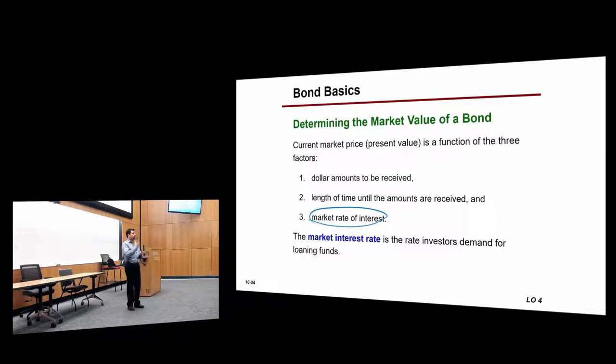Okay? During that time, the market interest rate will change. It is very rare that they would be the same. So generally speaking, between the day it was approved and the day it was actually issued, the market interest rate would be different.